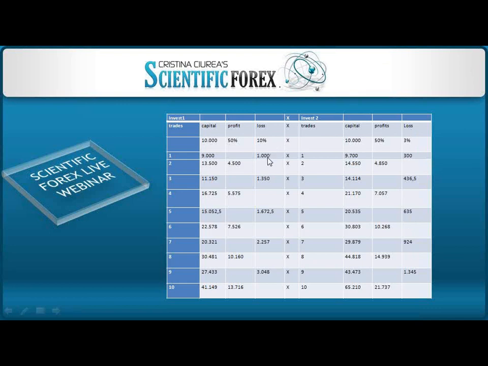You can see here the first investor is losing 1,000, the second one just 300. The first one is losing 1,350, the second one 436. So at the end of those 10 trades, he will have a bigger amount in his pocket than the first one.